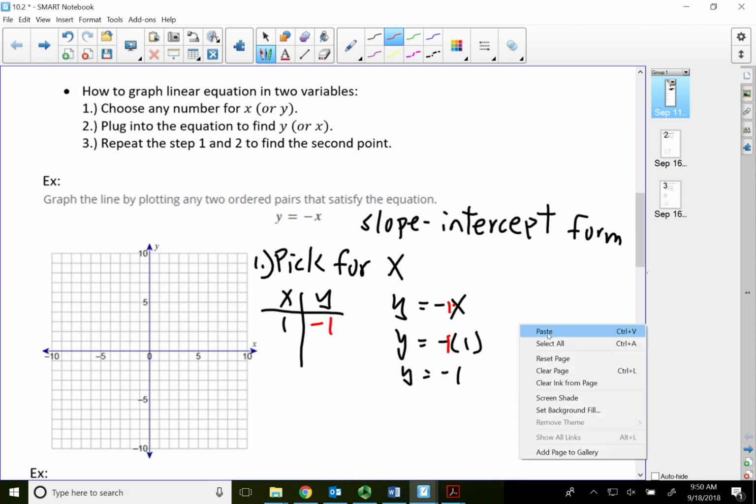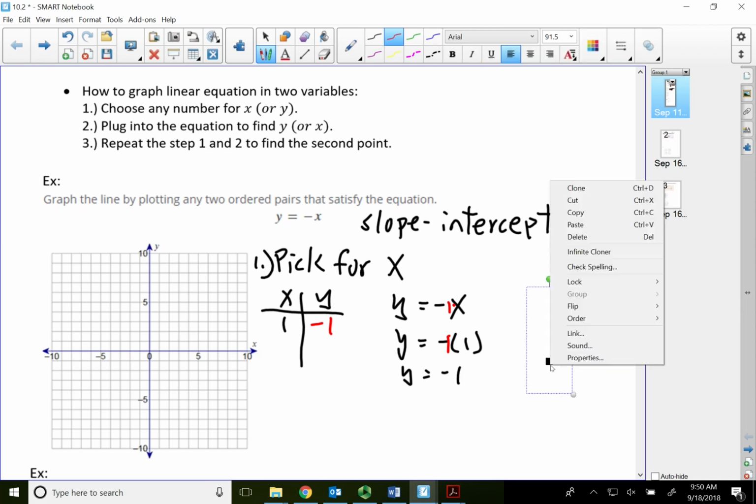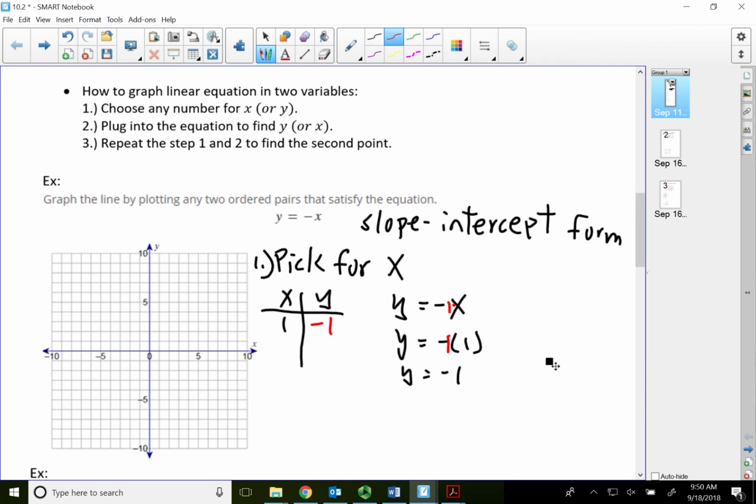Now I'm going to plot the point real quick. Go to the right 1, up 1 using your cursor. So that's right there. Now let's find another point.